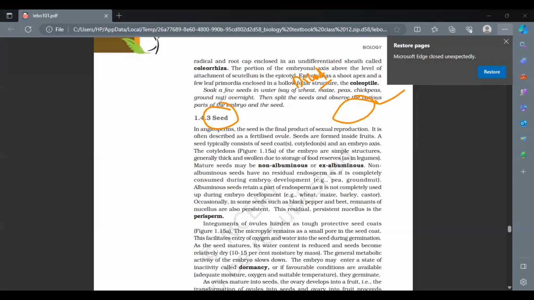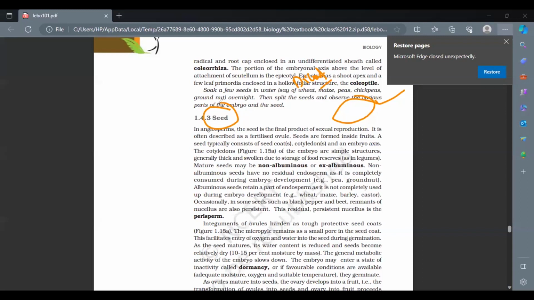There is one more thing. Not only the endosperm, in very few cases like black pepper and beet, even the nucellus is persistent. If you remember, the embryo sac was surrounded by parenchymatous cells called the nucellus. So in certain plants like black pepper and beet, the nucellus also persists in the seed.